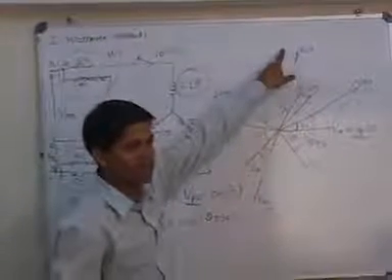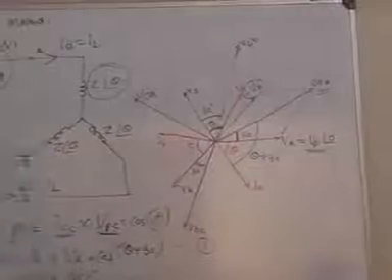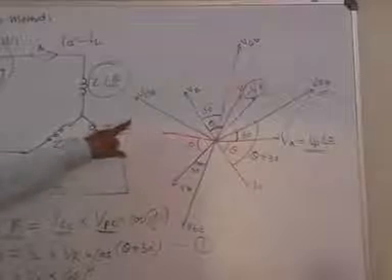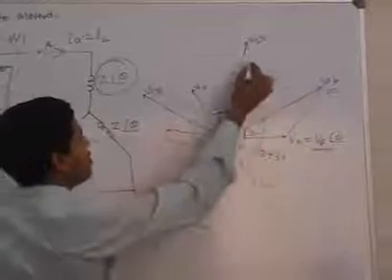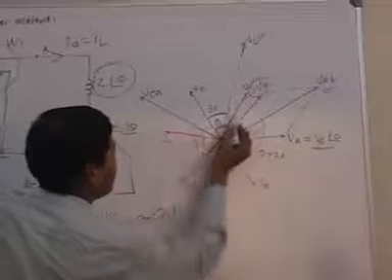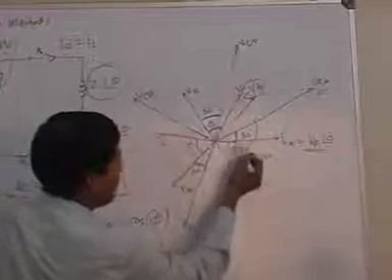This is VCB. So if you see the angles properly, you'll find that the angle between VC and VCB is 30 degrees. Now you see this IA, IB and IC.